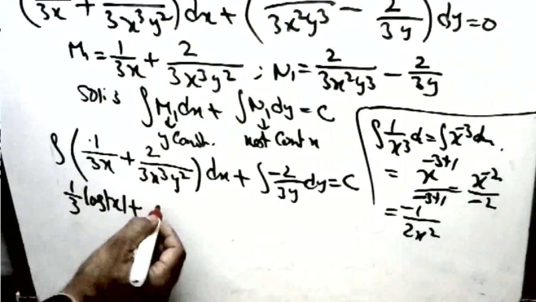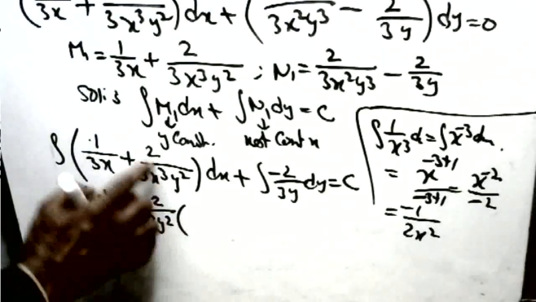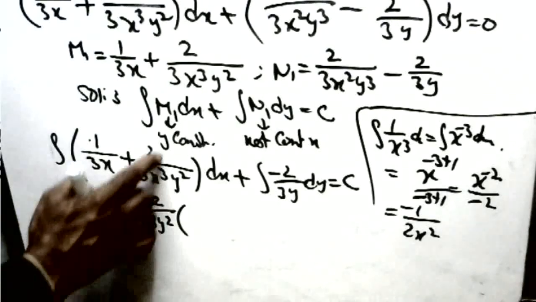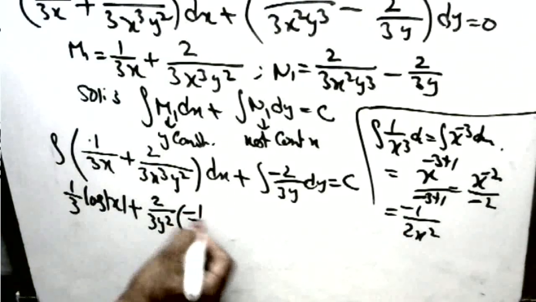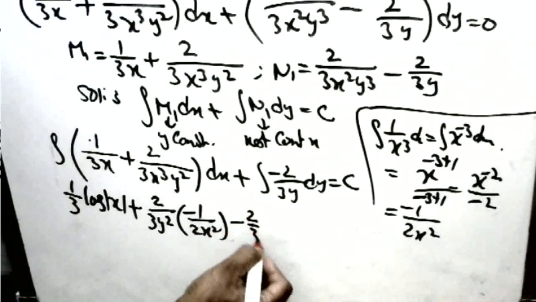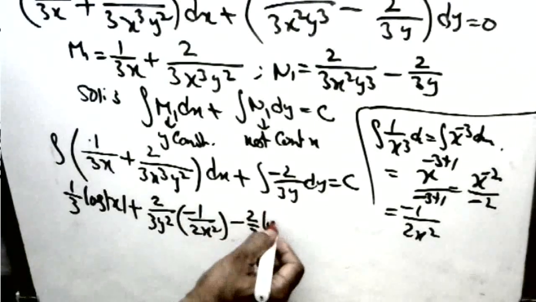Now here we have to integrate 1 by x cube, and we write 2 by 3y square as it is. Integration of 1 by x cube, as we just did, is minus 1 by 2x square, and we write minus 2 by 3.